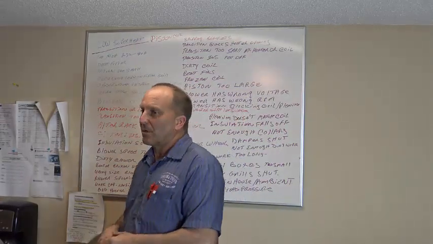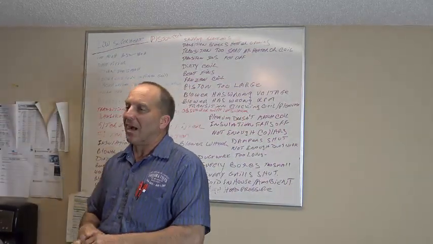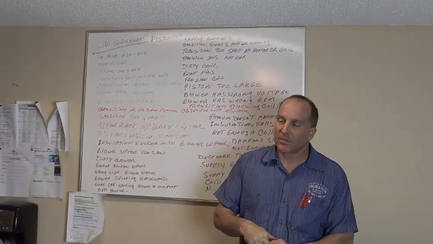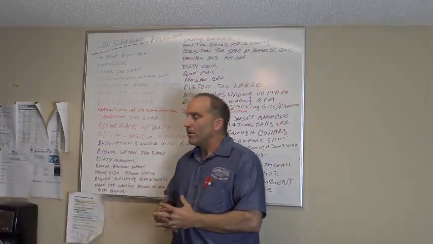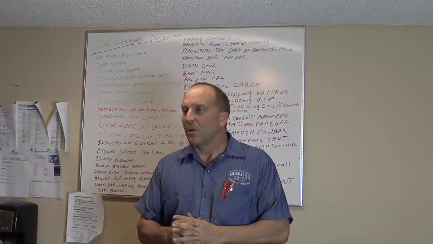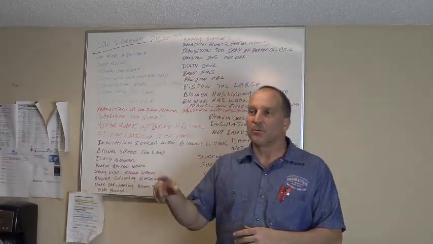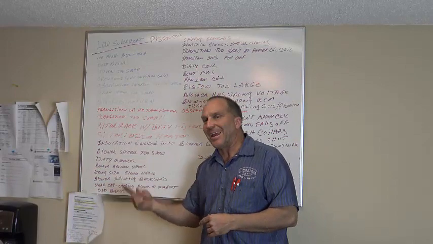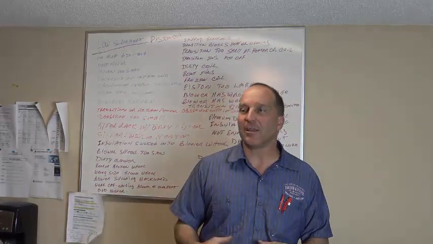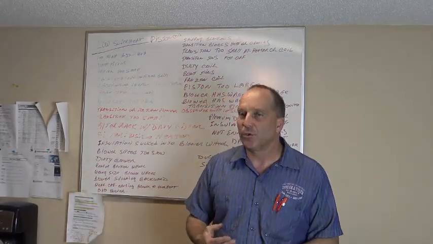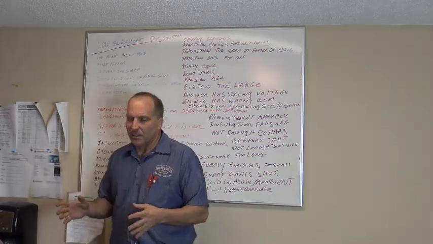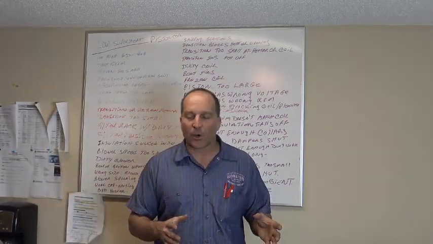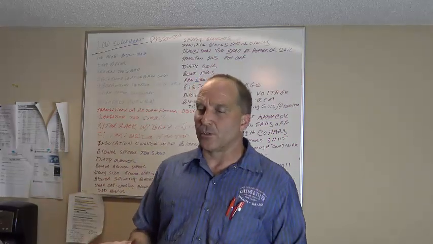So 24 times 24 times 2 totals out to 1156 if I am not mistaken. Okay? If you got a 20 by 20, 20 times 20 is 400 times 2 is 800. So a 20 by 20 is 800 CFMs. That's a 2-ton air conditioning system. Every air conditioning system is 400 CFMs per ton.